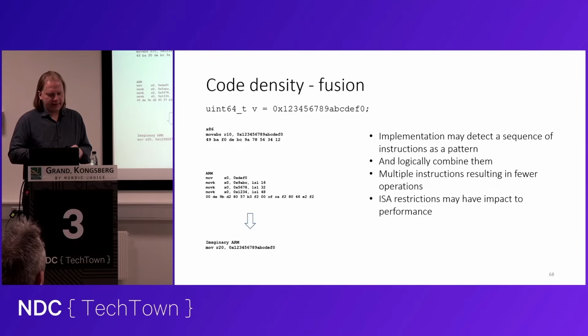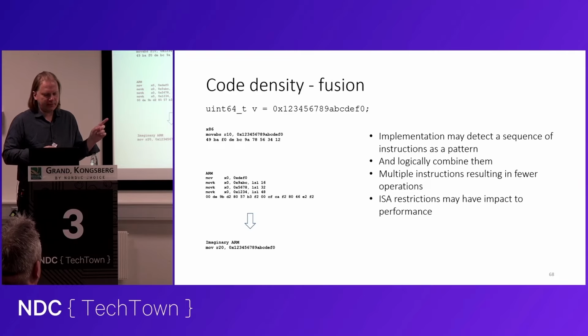Fusion. Again, looking at some sequences, taking the two paths from the previous example, x86 and ARM. Eventually, inside the machine, that translates into something like the last line, which I named an imaginary ARM, because within the further execution pipeline stages, it looks like that.